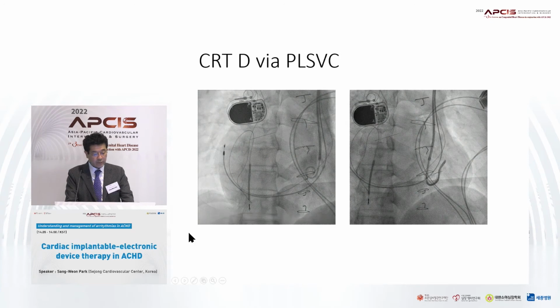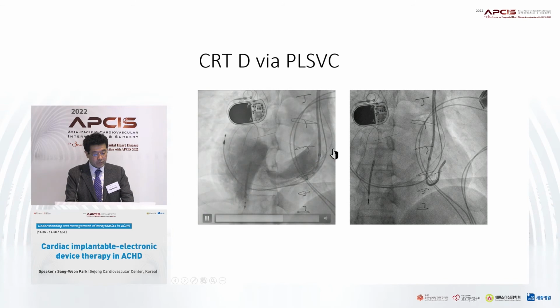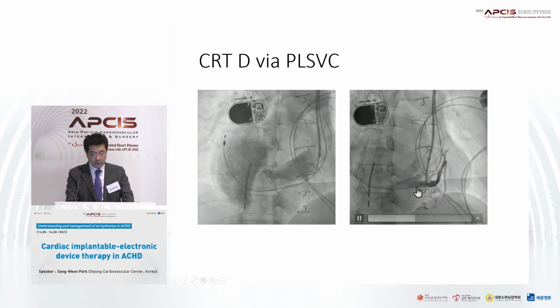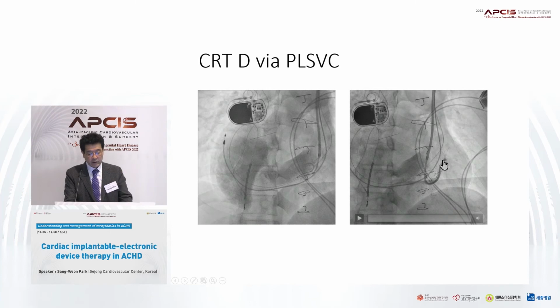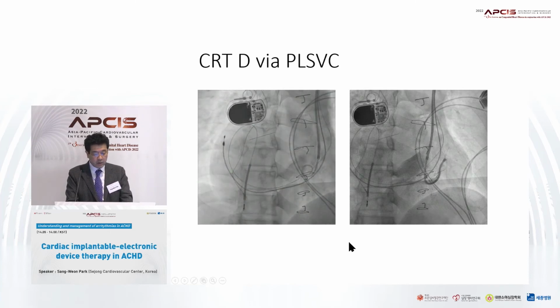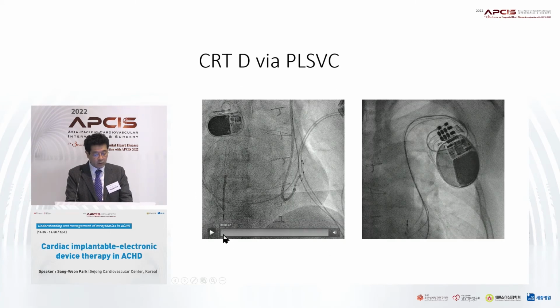I showed my procedure. Angiography showed us some small branch here with the PLSVC. So I selected that branch using some inner catheter, and we could implant the LV lead in this area.